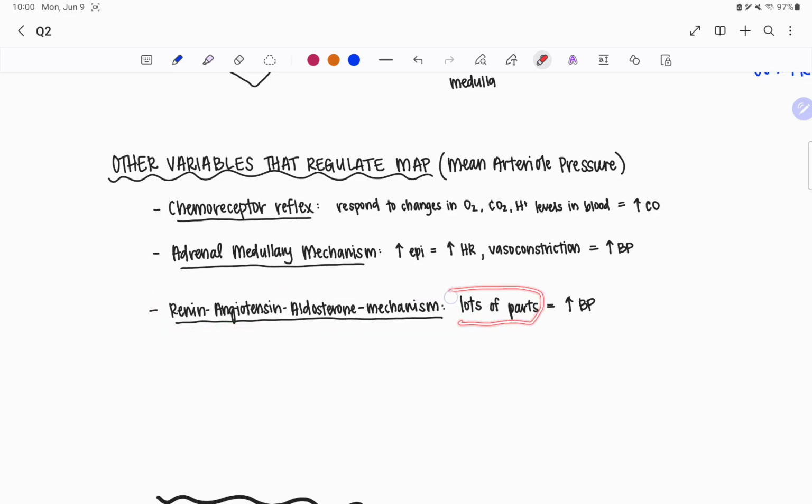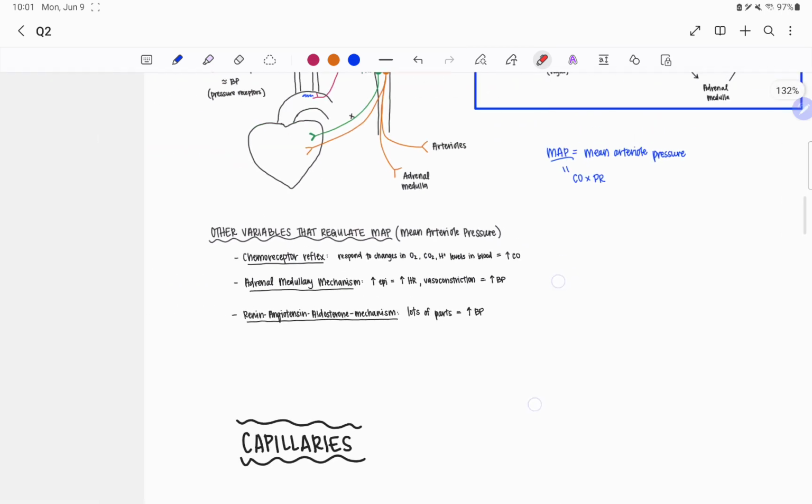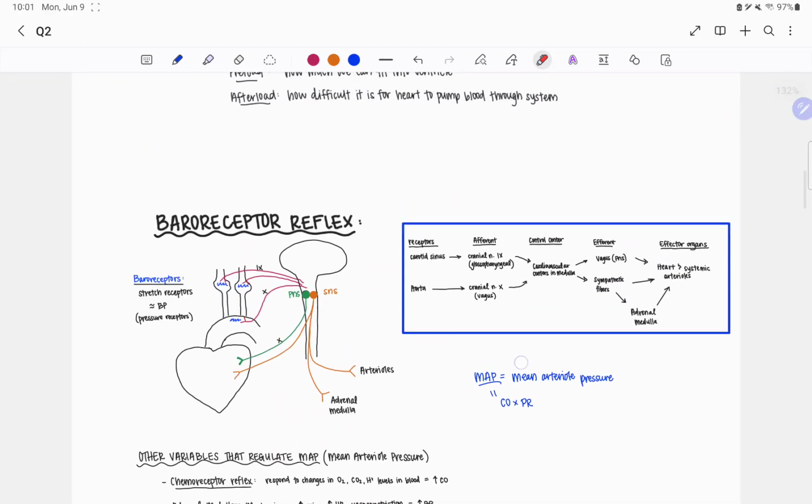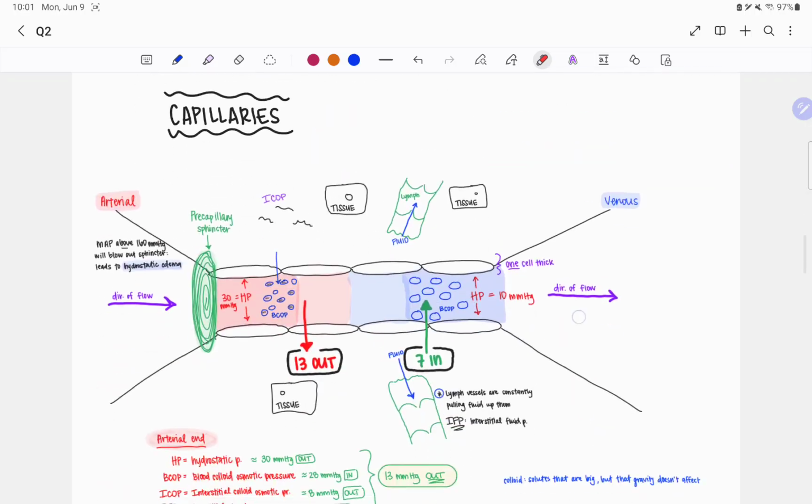So I just wanted to help you understand that there are several things it does that increase blood pressure and thus help us regulate our MAP. So that's what we're talking about with MAP. These are some of the effectors for it.